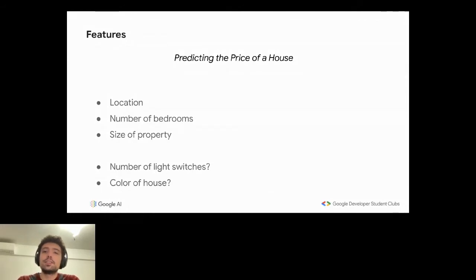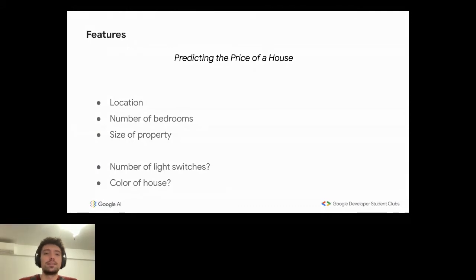So there are a lot of features that describe our houses. And if we consider the task of predicting the price of them, perhaps we don't necessarily need all of them. And so it is very important in any machine learning problem to choose wisely the features that we give to our model.